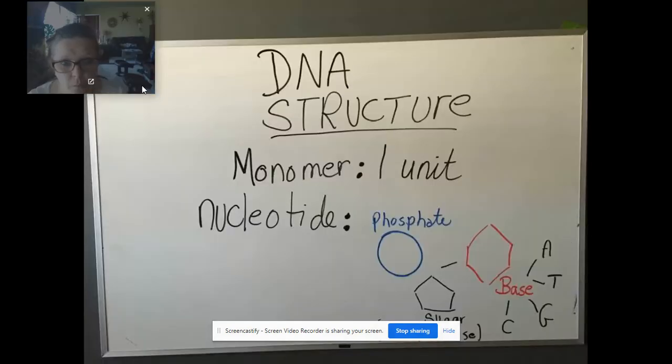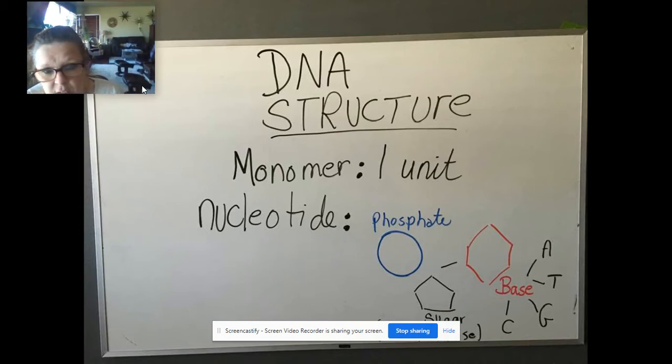Okay, so when we were talking about the biological macromolecules like protein, carbs, and lipids, we were talking about how monomers were the repeating single unit that made up these macromolecules.